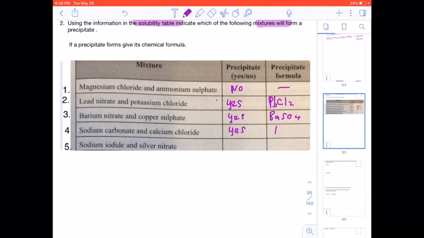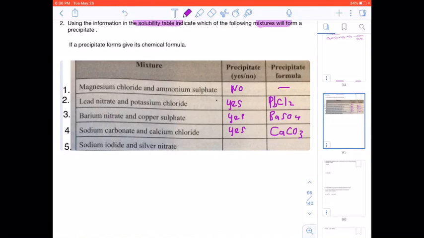Let's check that. Precipitate, yes or no? Yes. And what's the precipitate? It is calcium carbonate. Right?